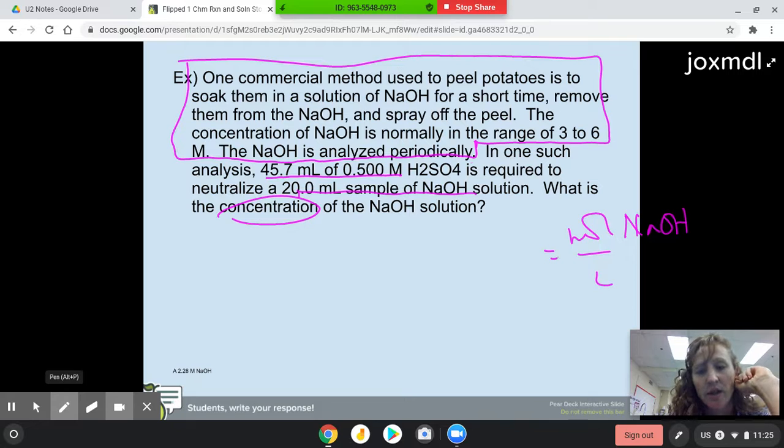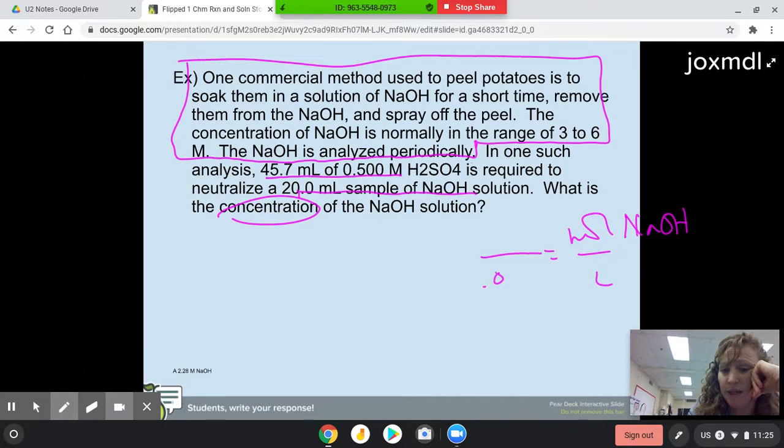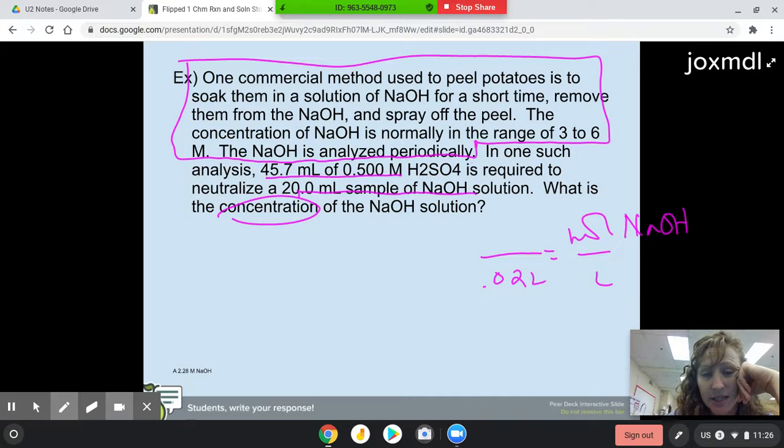So our ending answer is going to be moles per liter. What do we already have? Do we have the moles of NaOH, or the liters in solution? The liters. Yeah, so there's where your 20 comes into play, because it is the denominator of your answer.